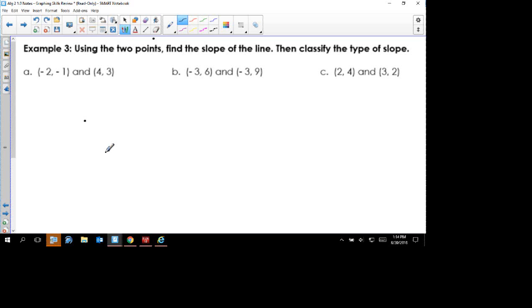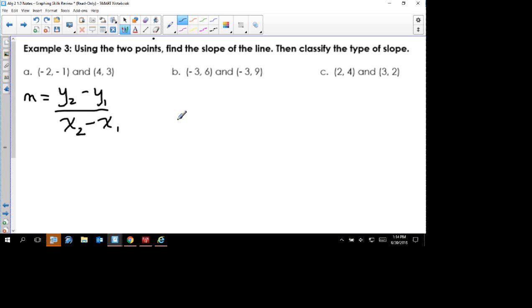So, slope formula, m. Okay, I have to use my mouse because I don't want to mess this up. Sorry, it's going to take me a teeny bit longer to write it with a mouse, but the slope formula is going to be m equals (y2 minus y1) over (x2 minus x1).